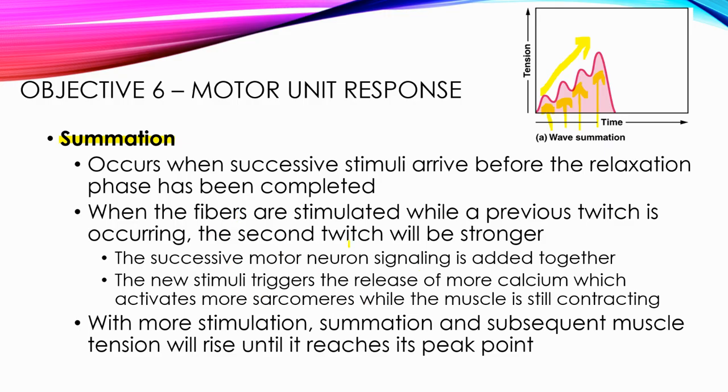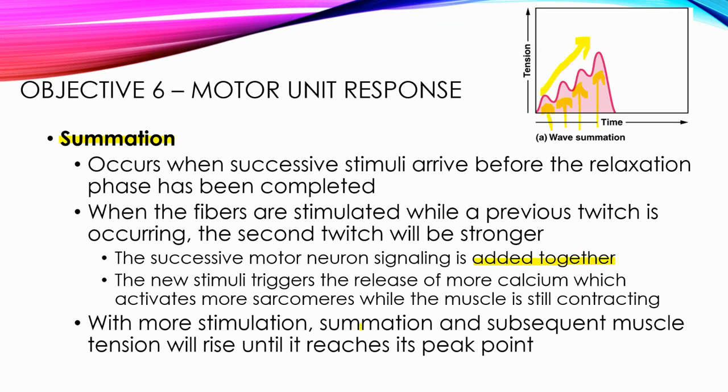That's summation. When new stimuli come in, that second twitch is going to be stronger than the first twitch, and then that third twitch will be stronger than the second because you're adding them together. So the successive signaling is going to be added together, which means that force is going to increase.